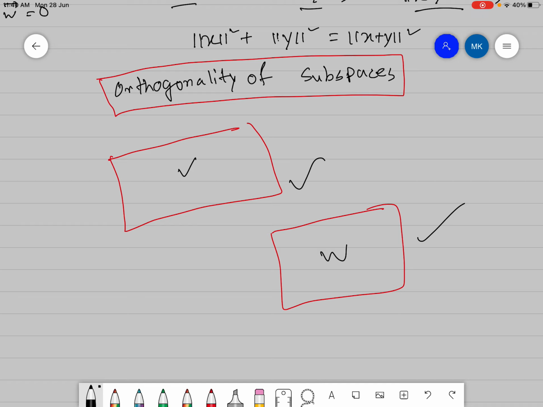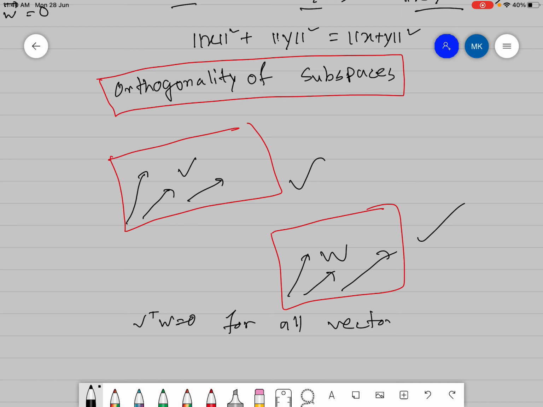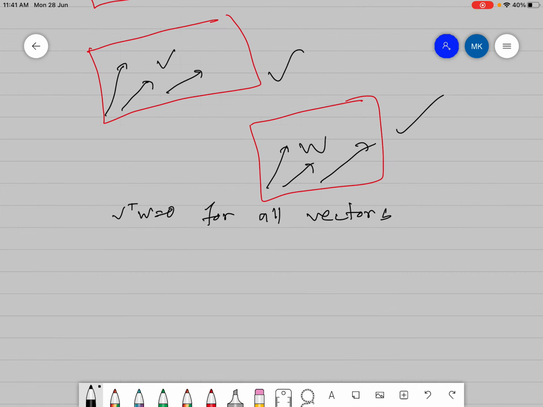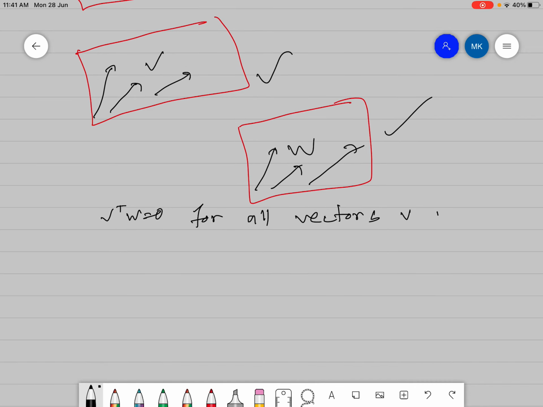These two are orthogonal if every vector in V is orthogonal or perpendicular to every vector in W. So v transpose w equals 0 for all vectors v in V and w in W.